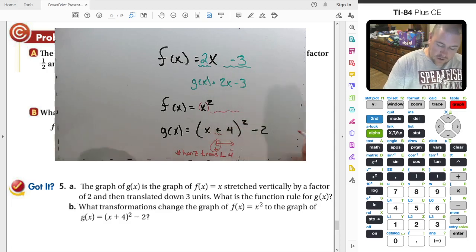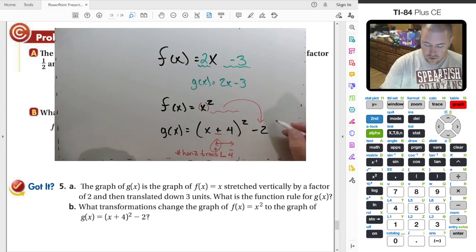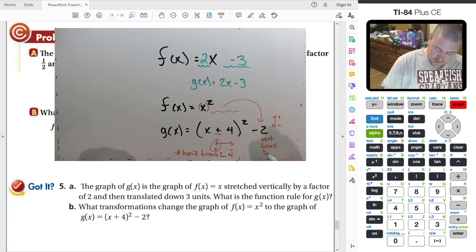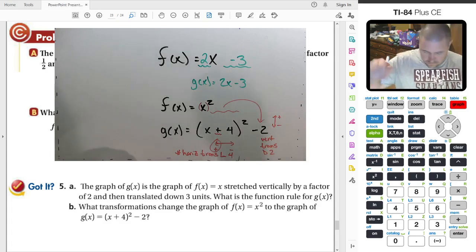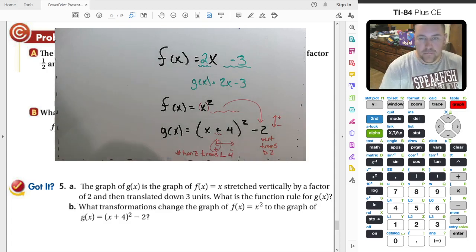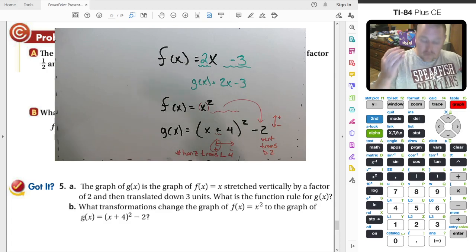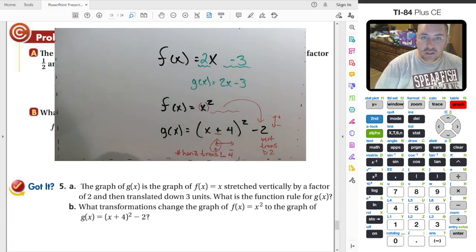There was nothing out here in the K spot. Now there's a -2, which is, go back to your notes, a vertical translation down 2, or use the arrow or whatever. Okay? So you keep coming back to that big holy grail thing, and you just match.